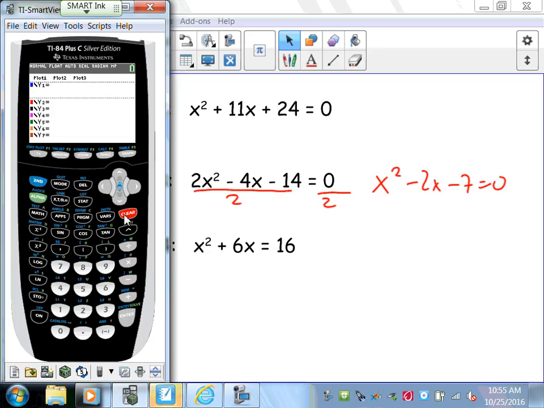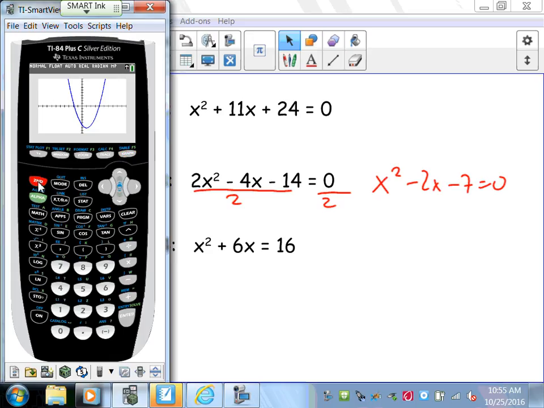So it's x squared minus 2x minus 7 is equal to 0. And then hit graph. In this case, it'll be a little bit hard to find the answer because it looks like it doesn't go exactly on that point.